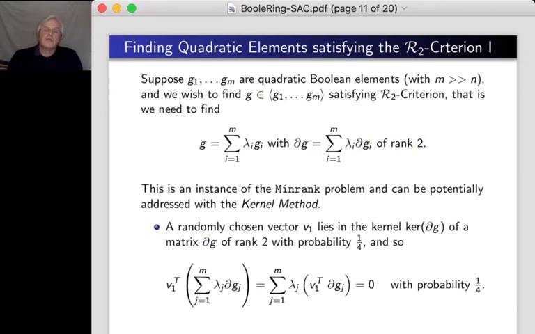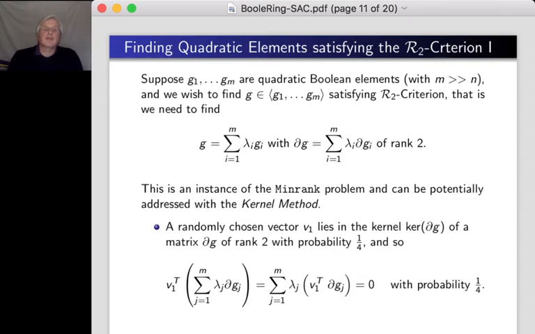Okay, so we have this criterion that rank 2 product polynomials satisfy the R2 criterion. Obviously we can filter a big equation system by its Boolean images, looking for quadratic Boolean images. So what we want to do is find quadratic elements that satisfy the R2 criterion, quadratic elements whose partial matrix has rank 2.